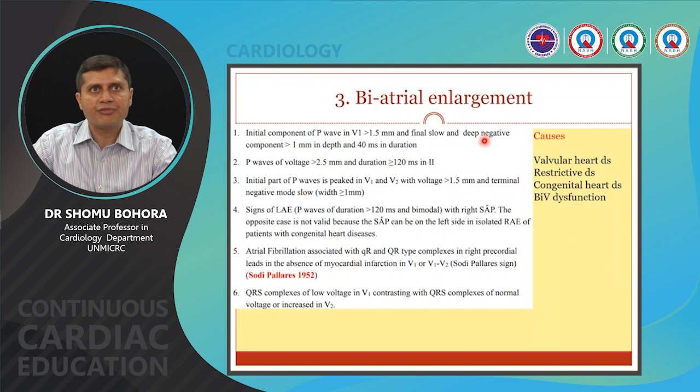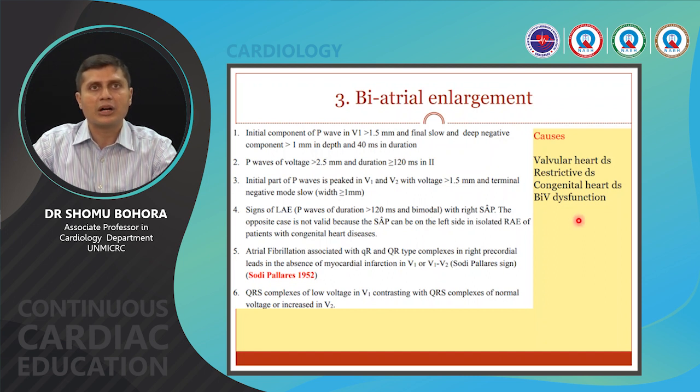So if you have an initial component of V1 more than 1.5 and deep negative also more than 1, or if the P wave voltage is more than 2.5 with a duration of more than 3 squares in lead 2, or a combination of two or three of these, it may suggest a biatrial enlargement.